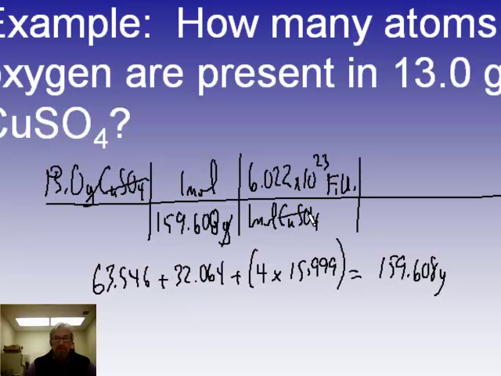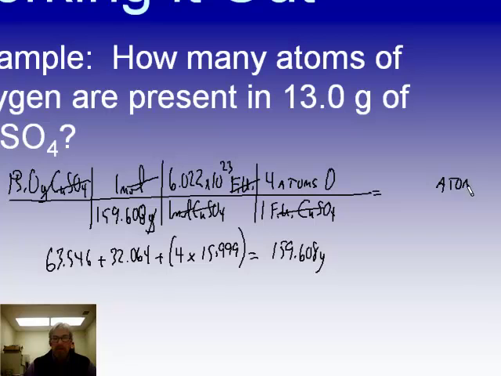CuSO4 moles are now canceled out. Now, every 1 FU of CuSO4 has in it 4 atoms of O because of the subscript 4. So now, with my formula units knocked out of here, I'm finally where I need to be, atoms of O.